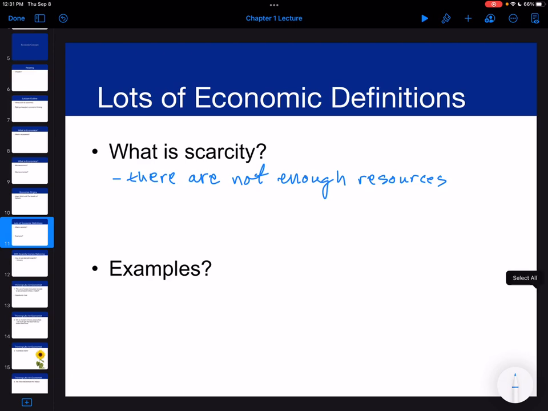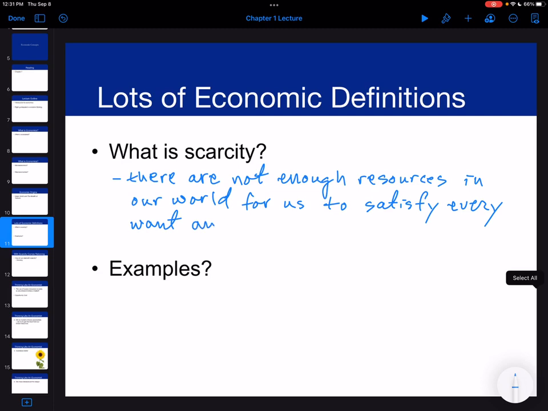There are not enough resources in our world for us to satisfy every want and desire. And because of that, we have to make choices, right?